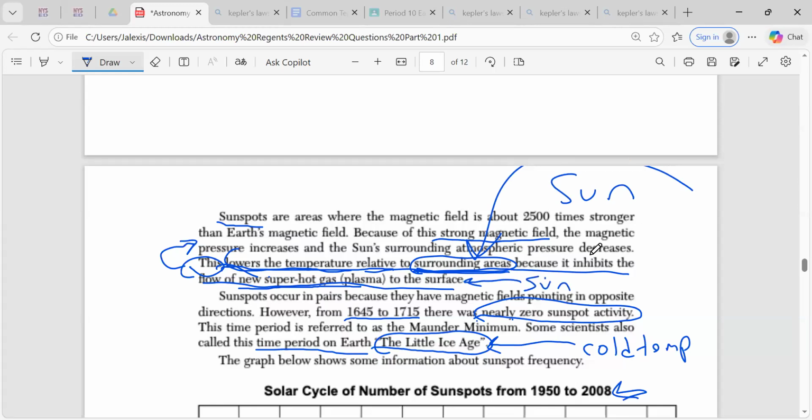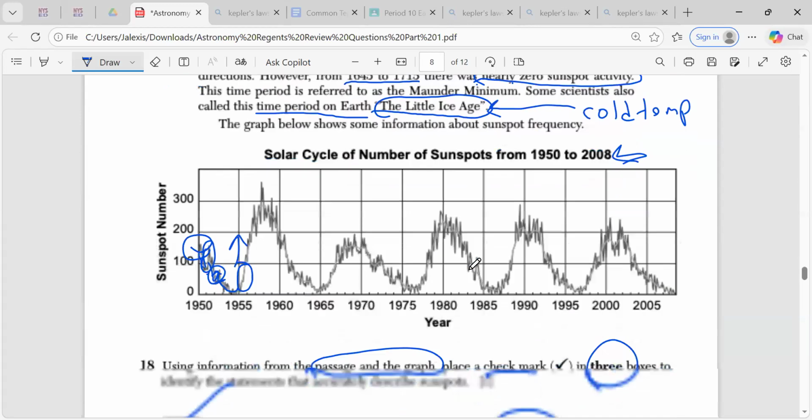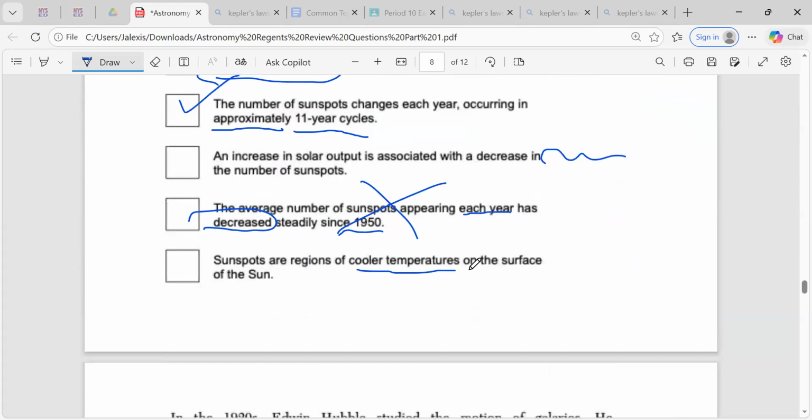The sun. So it tells me in this sentence, where we're talking about sunspots, that this lowers the temperature relative to surrounding areas. So that's definitely a stronger answer than this answer over here. So that's why we have our three checks.